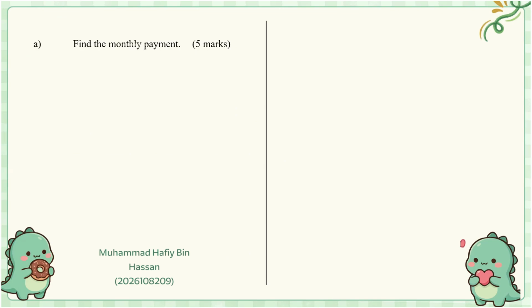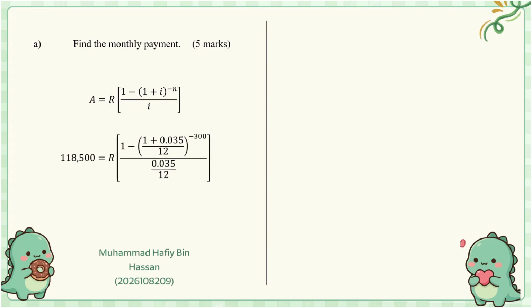After reading the data, we can answer question A. Find the monthly payment. If we want to find the monthly payment, we use the annuity formula: A equals R bracket 1 minus bracket 1 plus i bracket to the power of negative n, per i bracket.